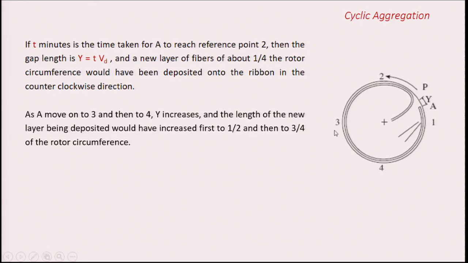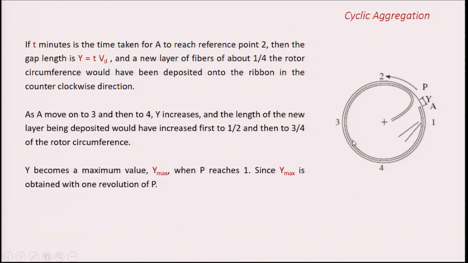Then similarly, as A moves from 2 to 3 and 3 to 4, this gap is going to be widening, because P is moving much faster than A. Accordingly, one quarter or half or three quarters of the new material would be deposited.